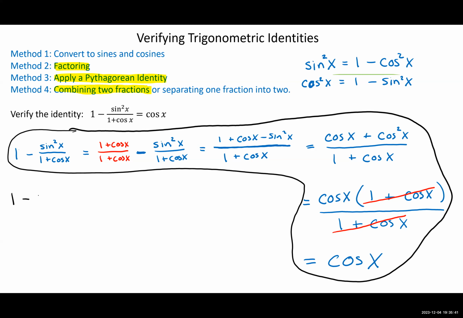You could do 1 minus sine squared of x divided by 1 plus cosine of x. I just copied the left side. That's where we start. And then we could say sine squared is 1 minus cosine squared.